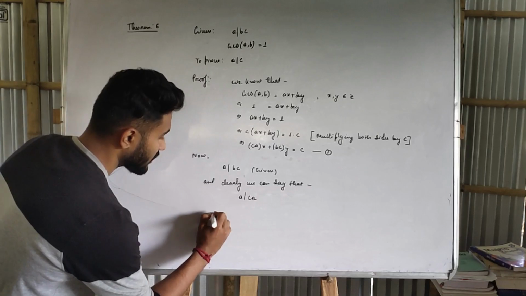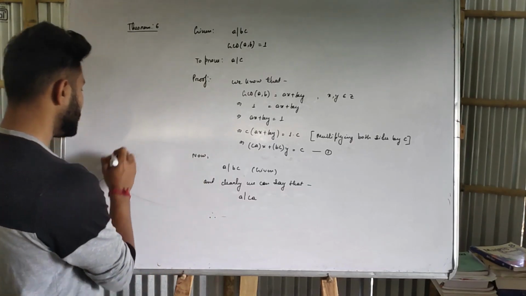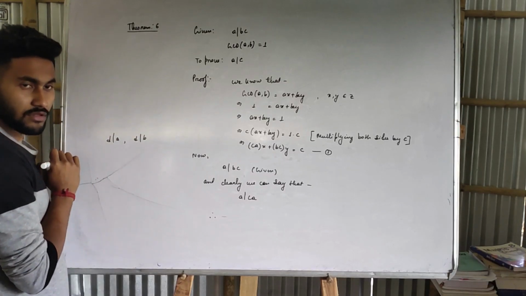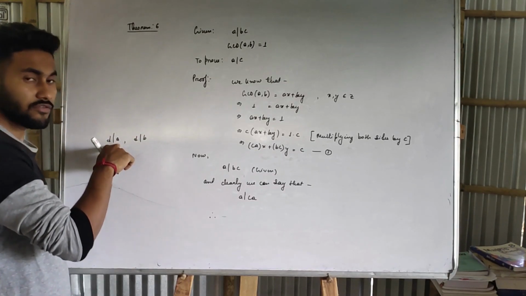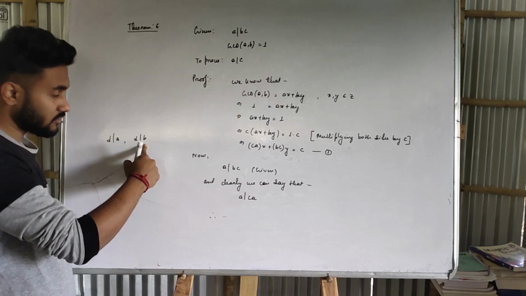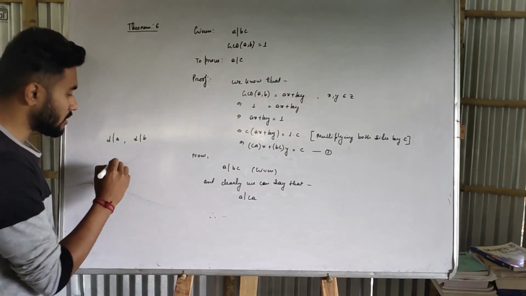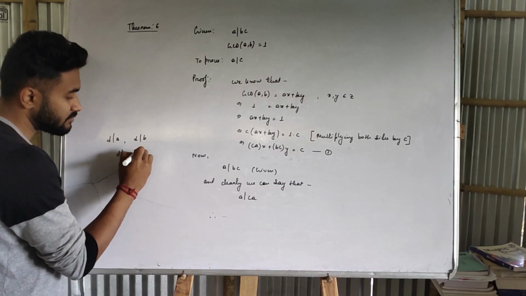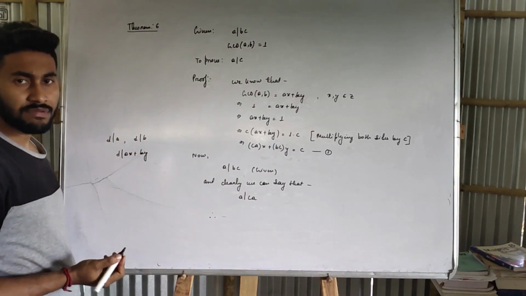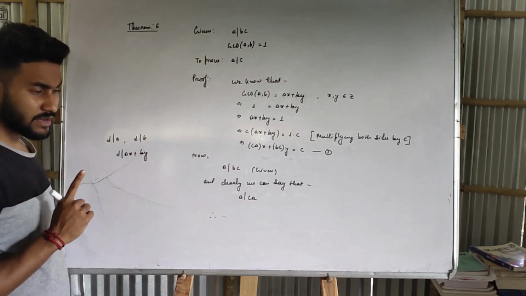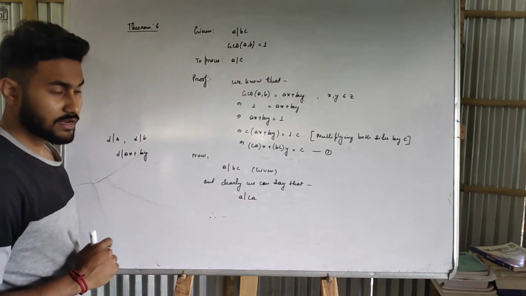So now you see, therefore you think of this theorem: D divides A, D divides B. D is a factor of A, D is also a factor of B. So D divides A, D divides B. What was the theorem? The theorem was D divides AX plus BY. This was the theorem, right? D divides A, D divides B, so D divides AX plus BY. Very, very important theorem. So we will use this one here.